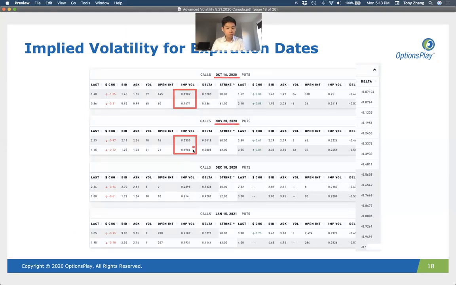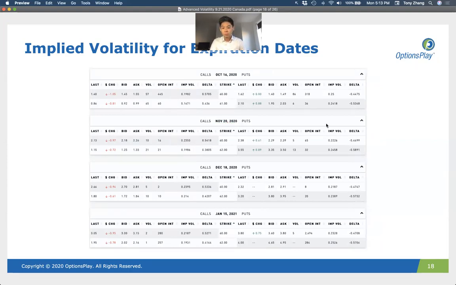That's why the November options trade at a substantially higher volatility than the October options. So this automatically accounts for that, meaning the higher implied volatility for the options that have earnings will also naturally affect delta calculations.